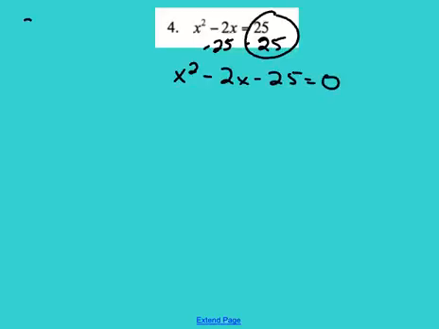That's awesome because now I have a equals 1, b equals -2, and c equals -25.